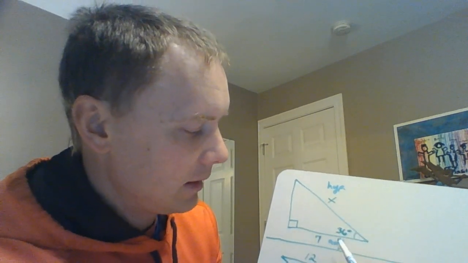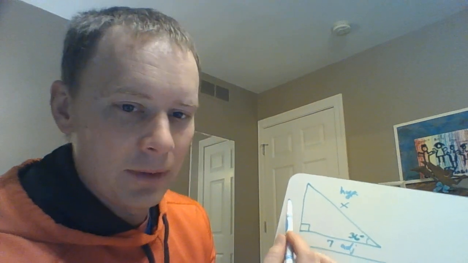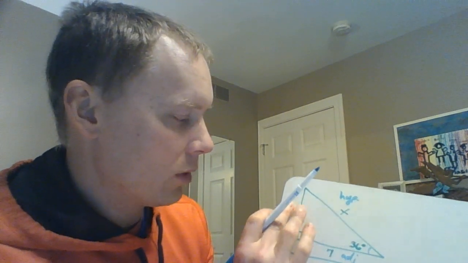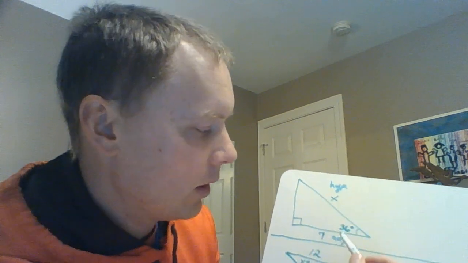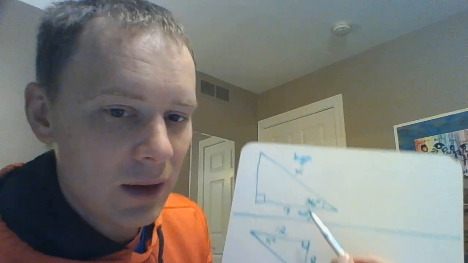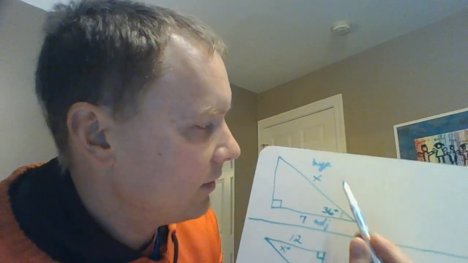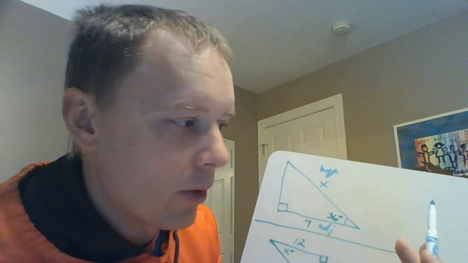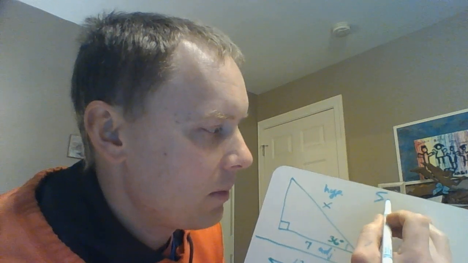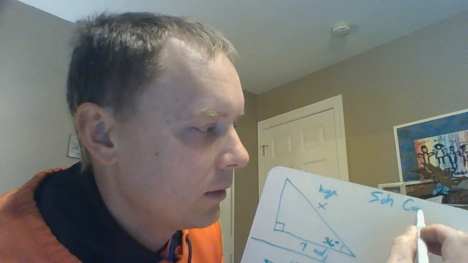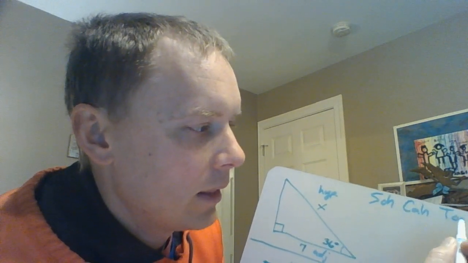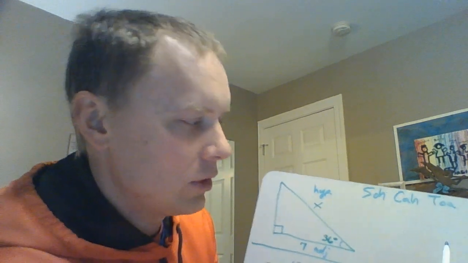Once you've done that, we don't need to worry about the opposite because we're not looking for that side, nor are we given it. So we ask, which trig function uses adjacent and hypotenuse? This is a part you have to memorize. You may have learned the mnemonic device SOHCAHTOA, which helps you know which trig function to choose.